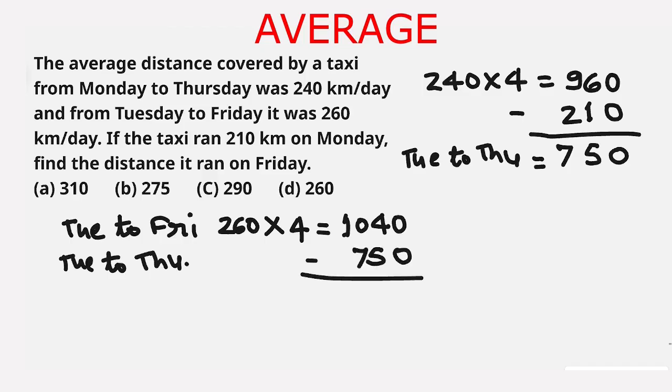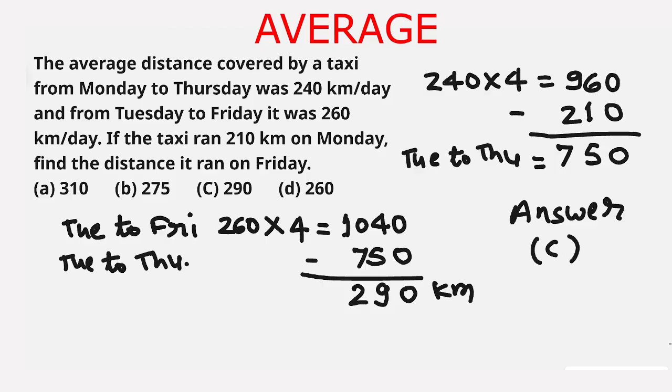So we'll find the distance covered on Friday. So 1040 minus 750, 0 minus 0 is 0, 14 minus 5 is 9, 9 minus 7 is 2. So it is 290 km the taxi ran on Friday. And from the given options, our answer is option C, 290 km.